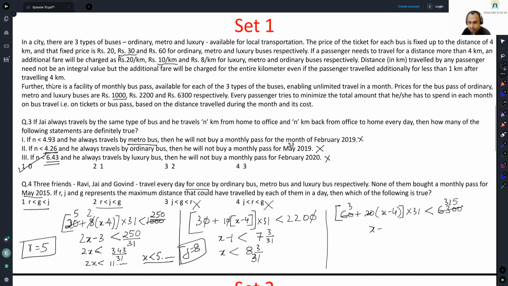So I've got x minus 1 is less than or equal to 10 whole 5 by 31, or x is less than 11 whole 5 by 31, or finally the max value G. This can go up till 11. So G is the largest. So option 2 will be correct.